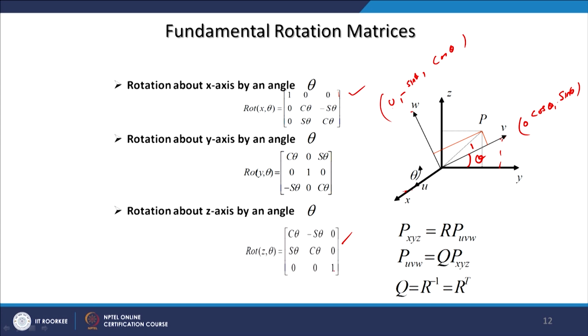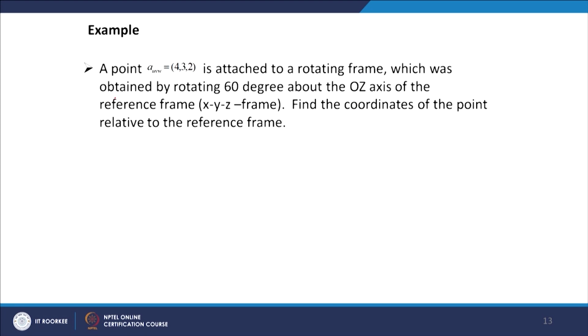Now, using these fundamental rotations we can obtain any general rotation. Here we see another example. A point in the u v w frame is given. We have two coordinate systems, the x y z coordinate system, and after rotating it has become the u v w coordinate system. It was obtained by rotating 60 degrees about the z axis.